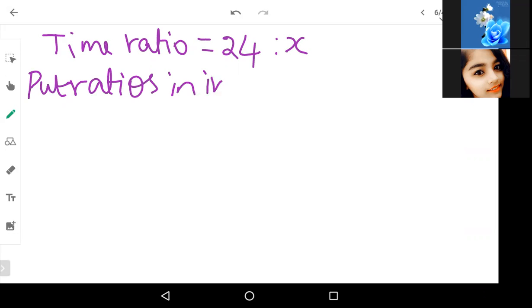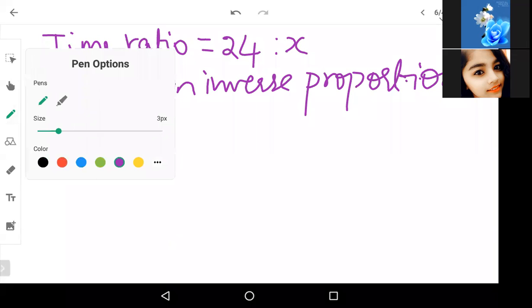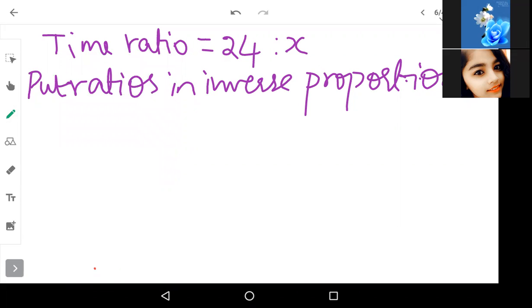in inverse proportion. Now here is the catch. Listen carefully. What we were doing before was considering two ratios in direct proportion and solving.